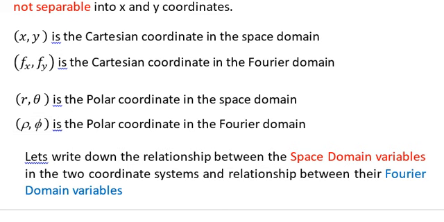So we have mentioned the space variables in the Cartesian and polar coordinates, and we have also mentioned the Fourier variables in the Cartesian system and in the polar domain, which are rho and phi.